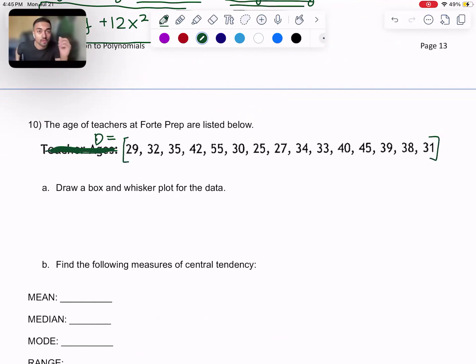Draw your bracket. Type in all of this onto Desmos, just like that. D equals bracket 29, comma, 32, comma, and so on. For a box and whisker plot, you're going to use the stats function, type stats, parentheses D, and you should get the 5-number summary, and you can draw your box plot.